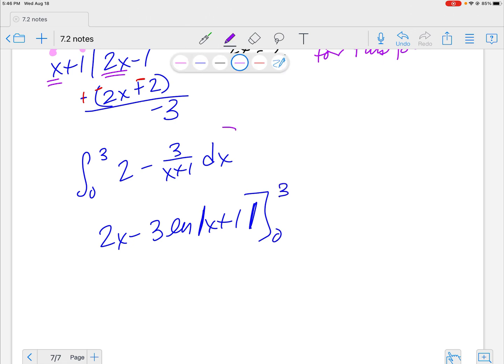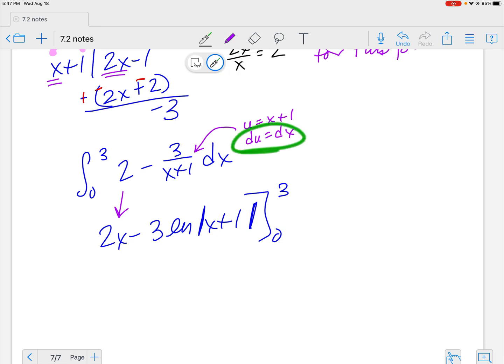And the reason why I can do that is because on this part, 2 to 2x is obvious. But for this part, if you say u is equal to x plus 1, du is equal to dx. And remember how I said I'm going to push you? If your du equals dx, then you would end up with 3 over u, which is obviously natural log. So you could just leave it with the x plus 1.